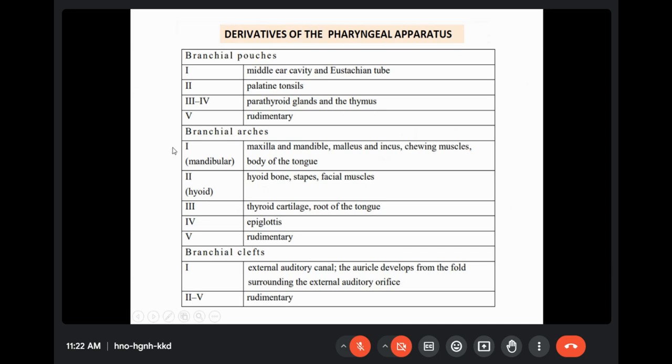Next, pharyngeal arch 1 gives rise to the maxilla and mandible, and also two of the three bones of the middle ear, malleus and incus, and also chewing muscles and the body of the tongue.